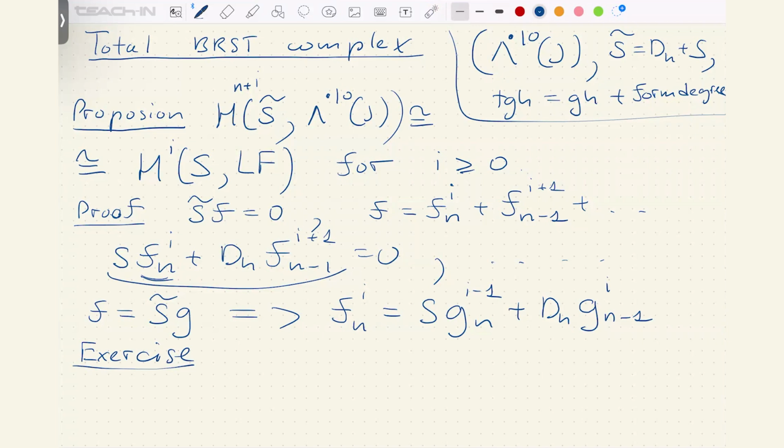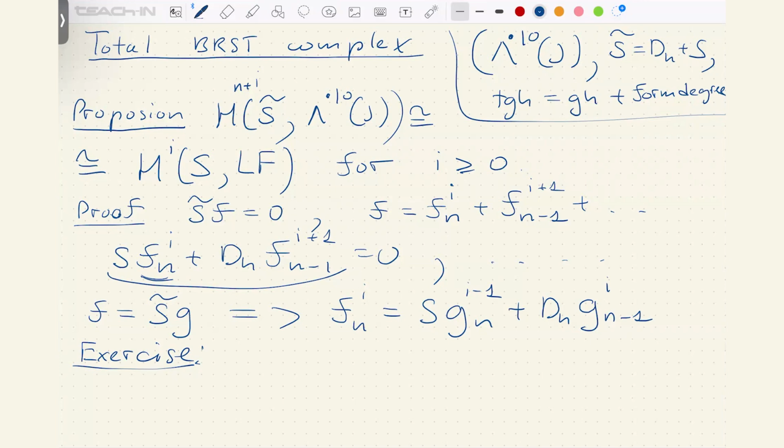The proof is an exercise, to show this isomorphism. Practically, it means that all higher terms, or lower form degree terms, are determined by this, and for this you crucially need the algebraic Poincare lemma, otherwise it doesn't hold. This exercise is a very standard proof in homological algebra. So I highly advise you to make an effort and try to prove this isomorphism. So I showed you that it might work.